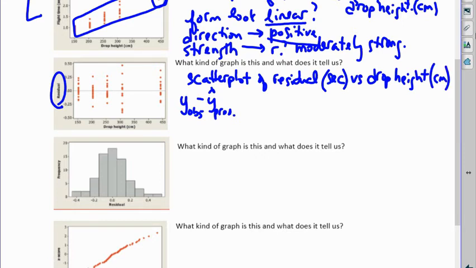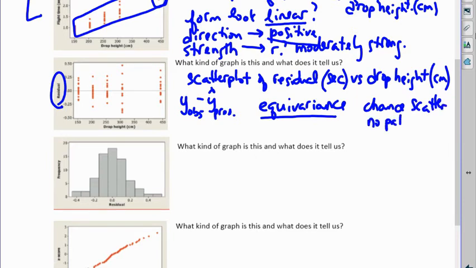And on this one, we're looking for it to look like equal scatter. I probably shouldn't have used the word random there. Really, it's equivariance scatter, so chance scatter, not looking like there's any kind of pattern forming, no pattern evident.